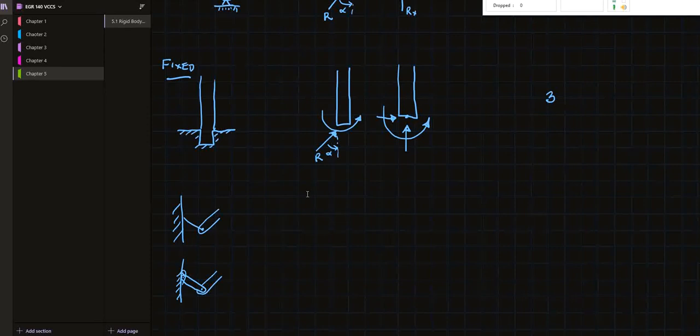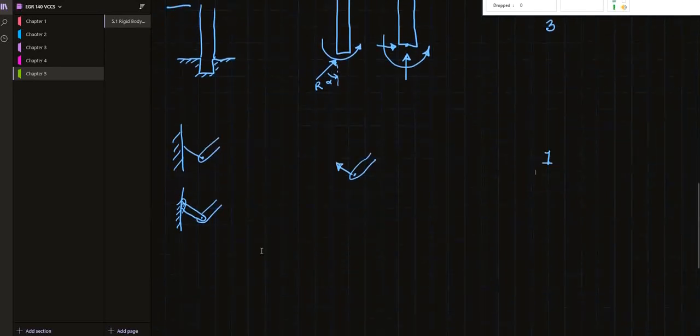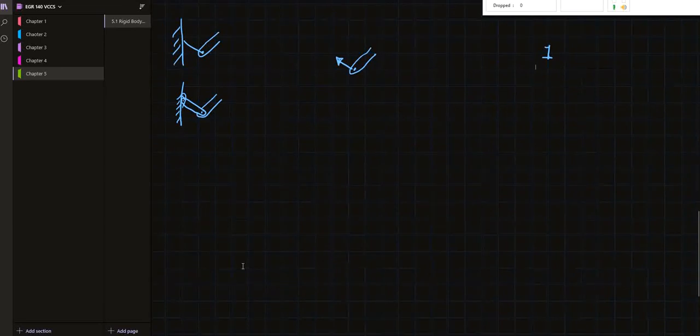In which case, we will have a reaction that is in the direction along the line of axis of the rope or the link. Like so. And that'll just be one unknown. So those are some supports.